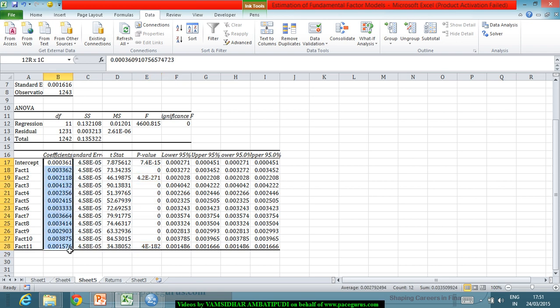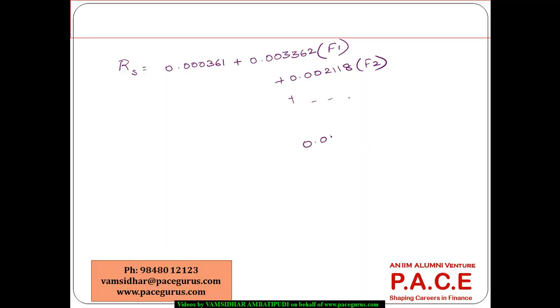So these are the coefficients that are going to operate, which means if I am looking at factor 1, it is 0.003362 times.